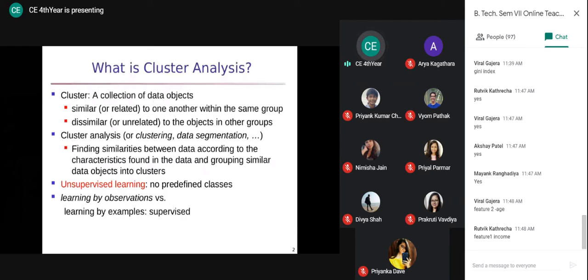Somehow you have to decide clusters that satisfy these two criteria. First, within the group there should be maximum similarity, and if you consider different groups, there should be maximum difference between the different groups.